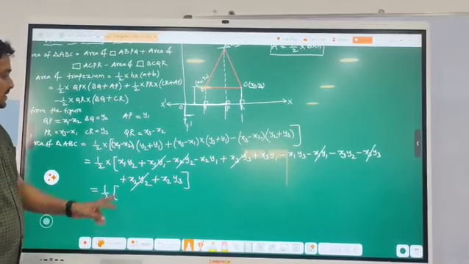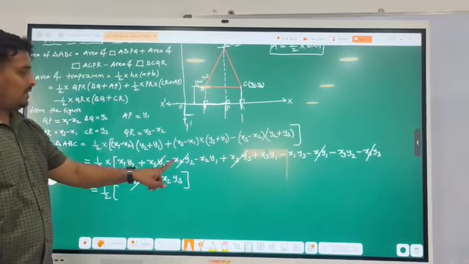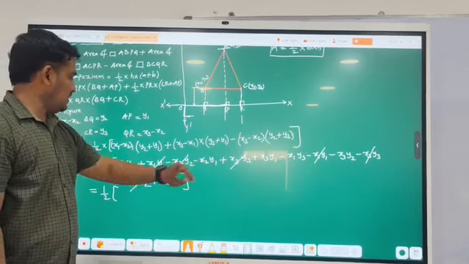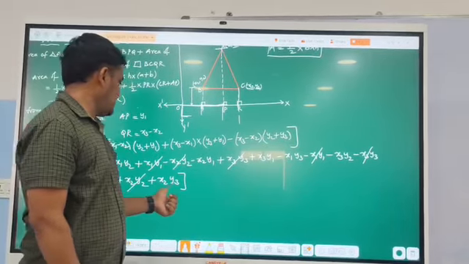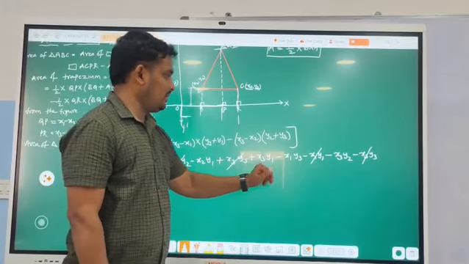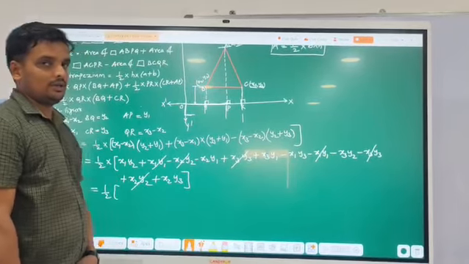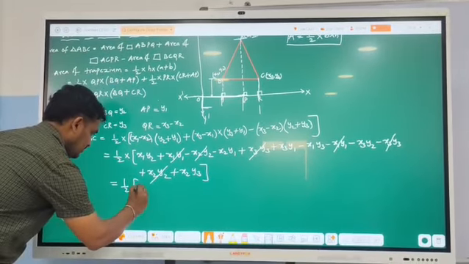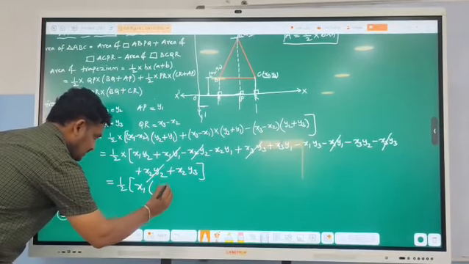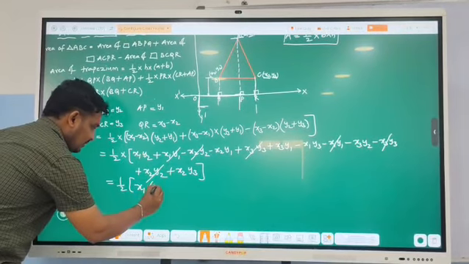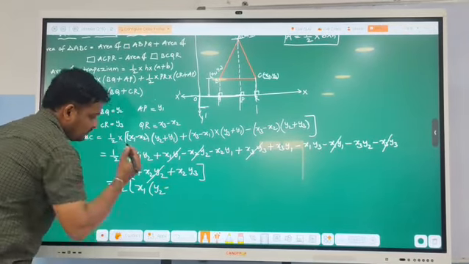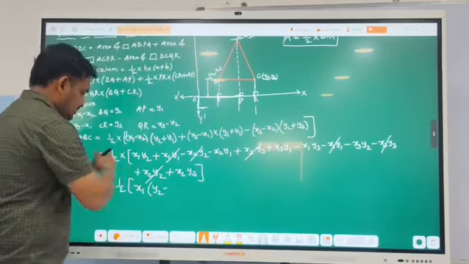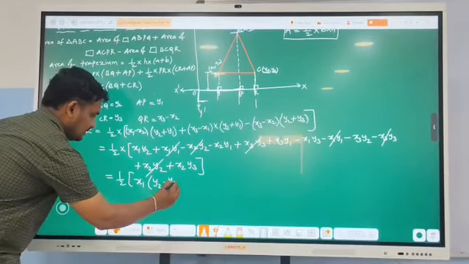Now we can see here x1 y2, x1 y3, as well as x2 y1, x2 y3, x3 y1, x3 y2. Now I am taking x1 as a common factor in the terms. If I take x1 as common, I get y2 minus y3.